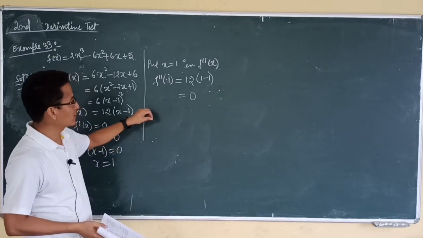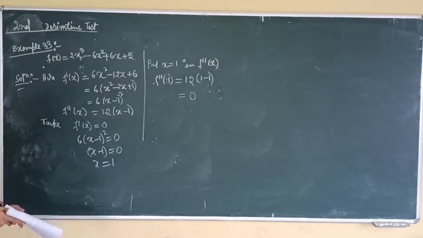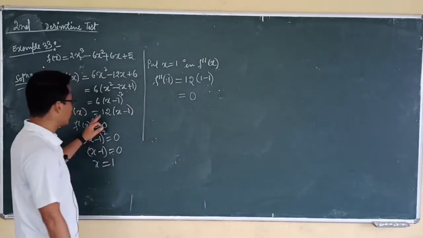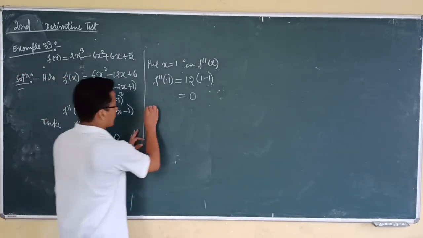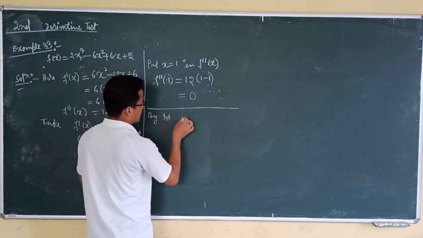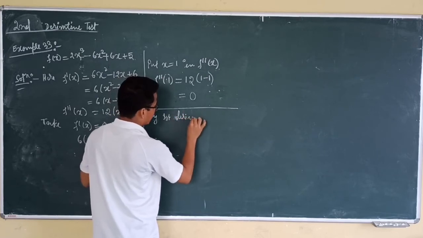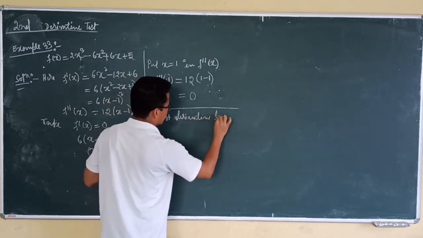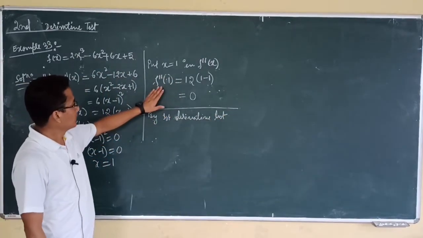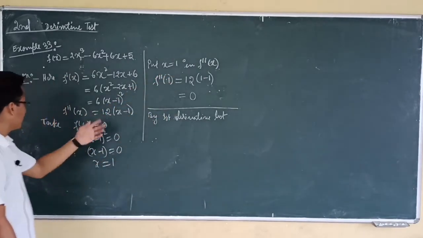So for finding this maxima and minima, where do we go? We go for first derivative test. Now if we are going to find the maxima and minima, then we will go for first derivative test again. By first derivative test, we are going to find whether x equal to 1 is a point of maxima or minima.